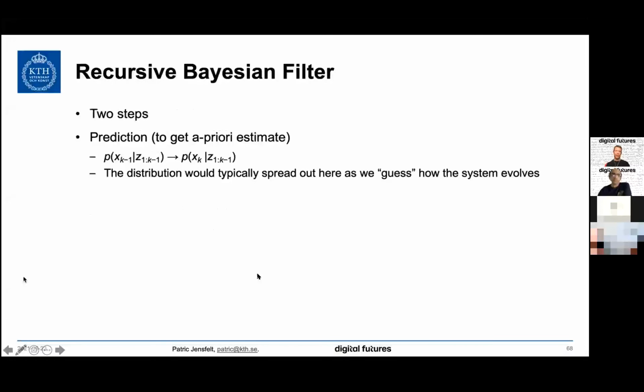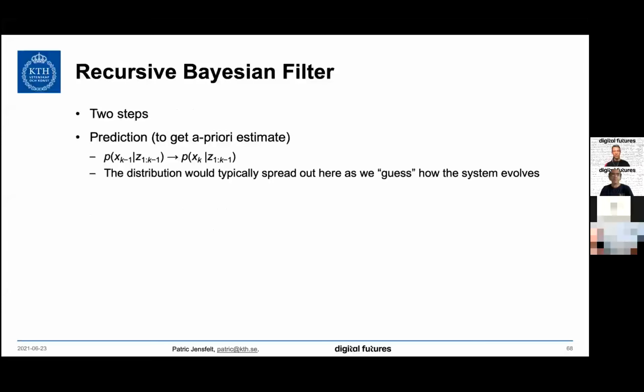The recursive Bayesian filter consists of 2 steps. One is the prediction step. This is where we update the estimate we had in the previous time step. So using all the data up to time step k-1, we have estimated the state, and then we want to transition that into what it might be in the next time step.